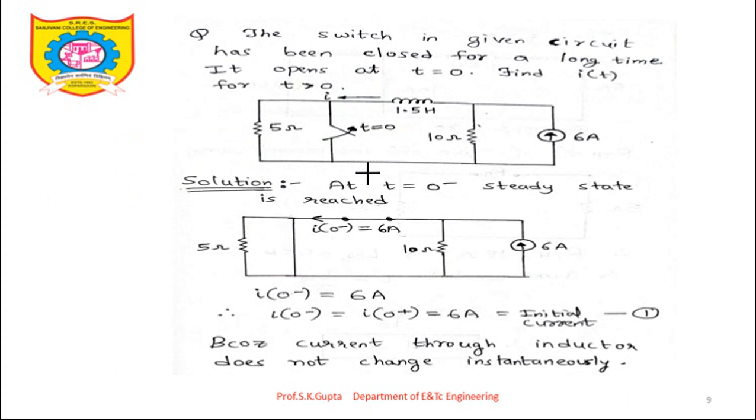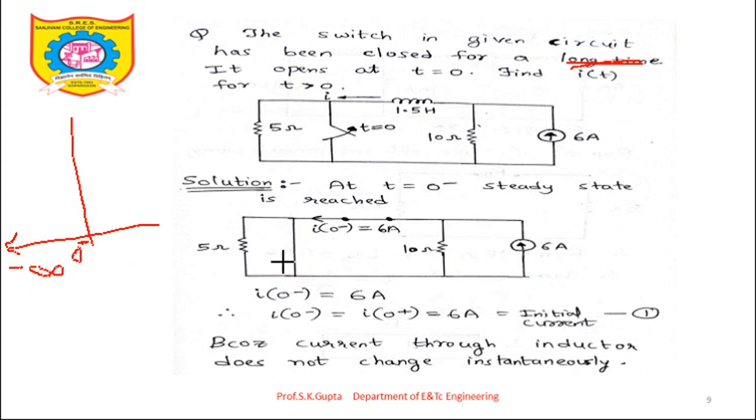Okay, so at t equal to 0 minus, the circuit was closed for a long time. That means when I come to t equal to 0 minus, definitely steady state has been reached, because at minus infinity the circuit is available, and when I reach up to 0 minus, then definitely steady state must have been reached.